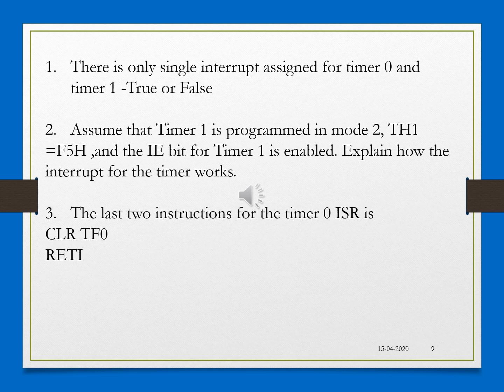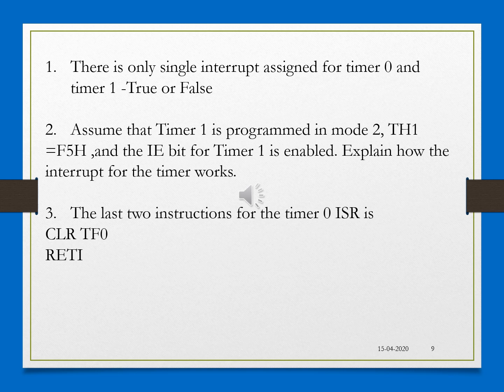Okay, the last question. The last two instructions for the timer 0 ISR are clear TF0 and RETI. Should these two instructions be the last two instructions for the timer 0 interrupt service routine? Yes or no?